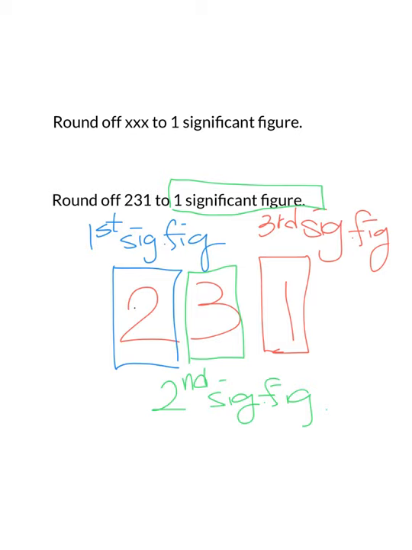So now you have three numbers to choose from to represent this whole number: 2, 3, and 1. Which number is better to represent the value of this whole number? We need to go back to the basic meaning of significant figures.